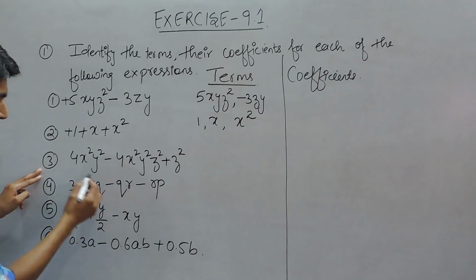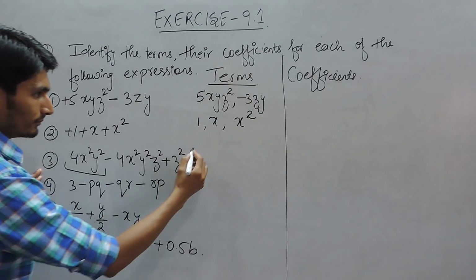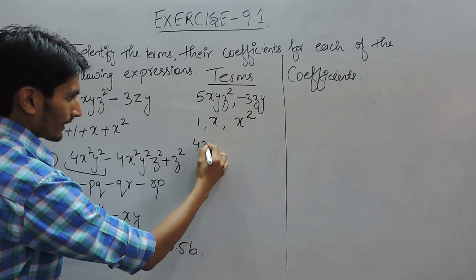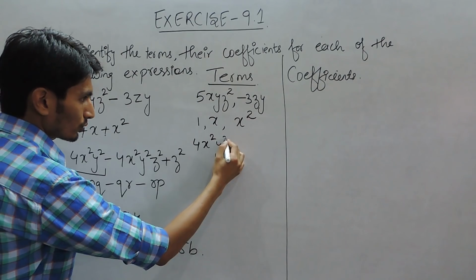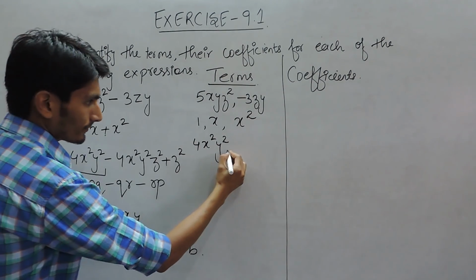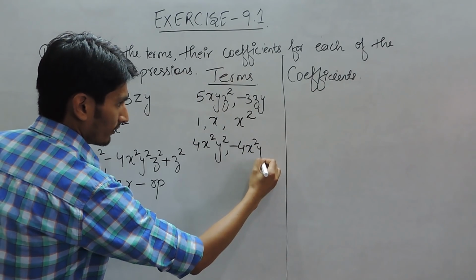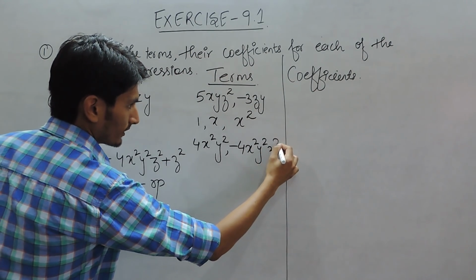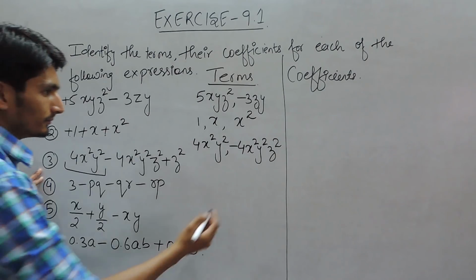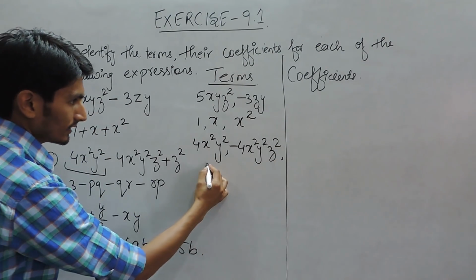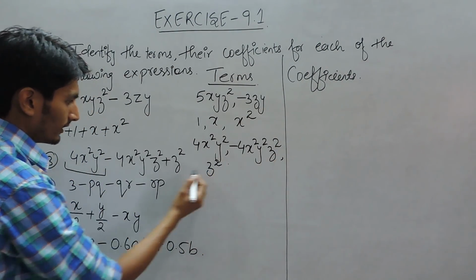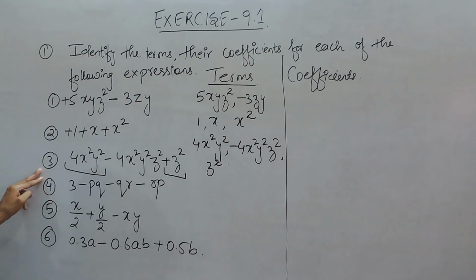In the third question, 4x square y square should be one term, minus 4x square y square z square should be another term, and the last one is z square, because this should be the last term.